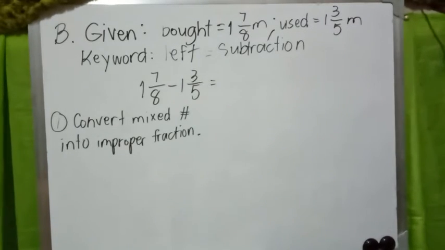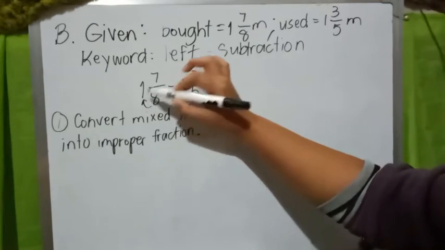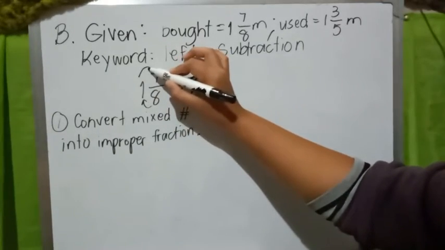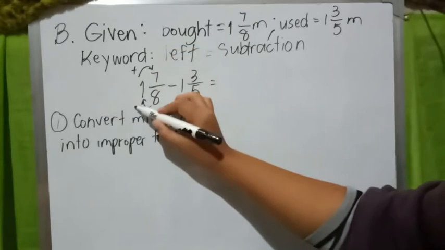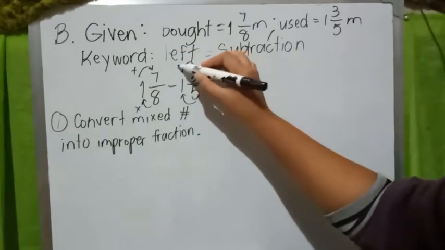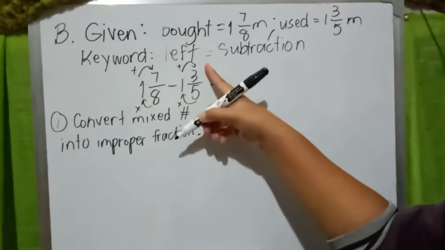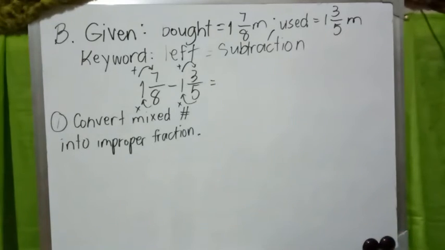How do we convert mixed number into improper fraction? Very good. We need to multiply our denominator to the whole number and add it to our numerator, the same as in our second fraction.